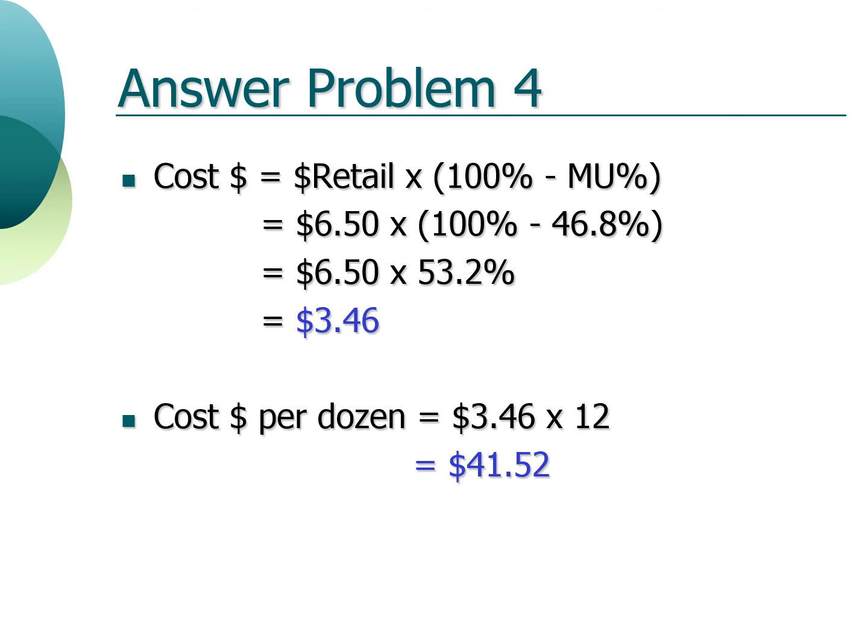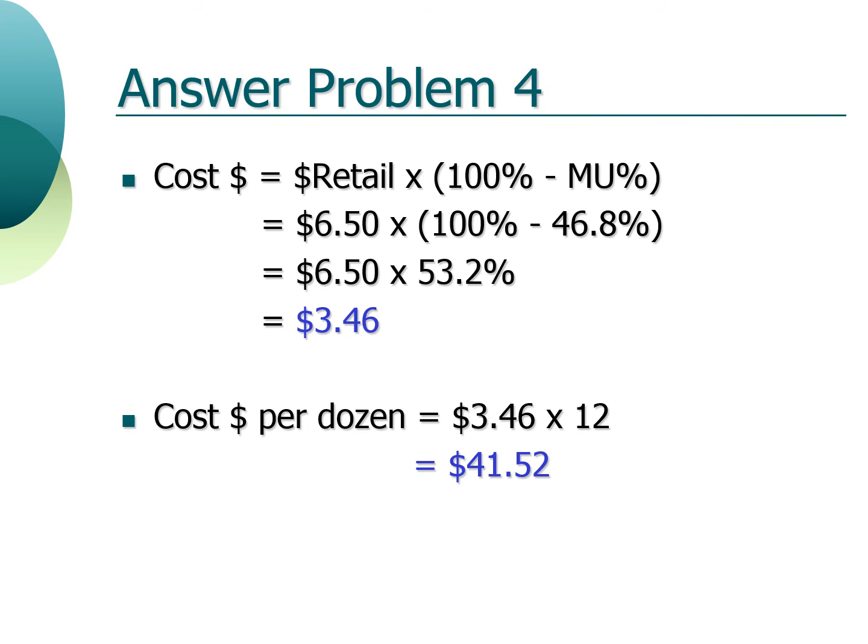Some of you might have wanted to find out the cost dollar per pair or unit first, and then multiply that by 12. If you went with that approach, you would probably find the unit cost, that is cost dollar per pair or unit, was $3.46. Again, retail times 100% minus markup percent.